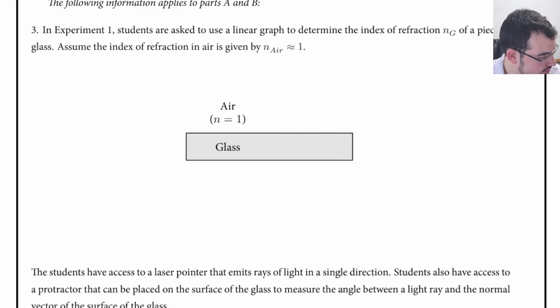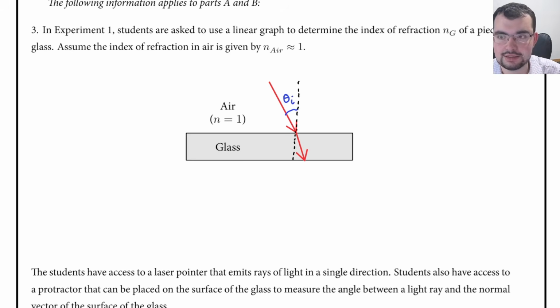Well, we just shine our laser pointer at the piece of glass, and then we'll see that it bends. And what we want to find with our protractor is, of course, we are measuring 2 things. We're going to measure our theta I, our incident angle, and we're going to measure our theta R for our refracted angle relative to the normal.